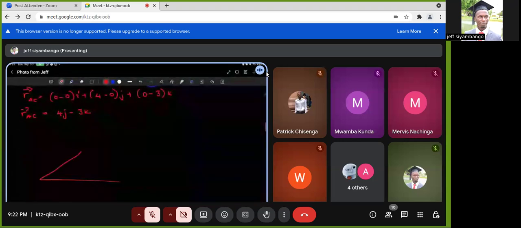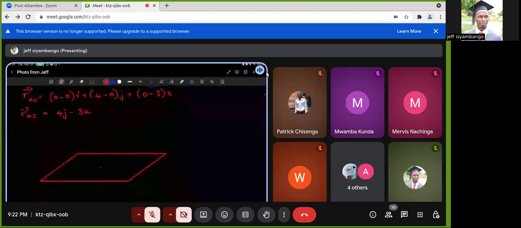If you had a plane, and this plane contains two vectors, A and B. You should recall that whenever you get the cross product between two vectors, the vector you get is perpendicular to the plane containing vectors A and B. So the cross product of these two will be a vector perpendicular to both A and B.